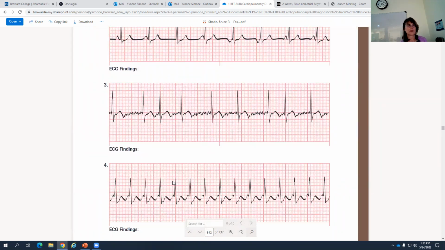Is it regular or irregular? It's irregular. So the distance between the R waves are different. So we know it's an irregular rhythm.